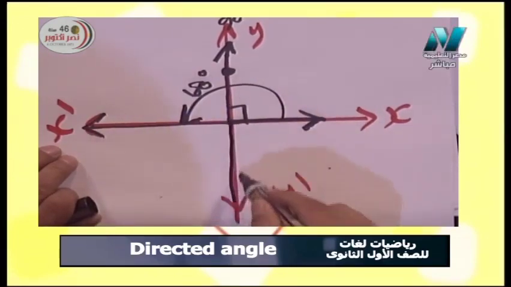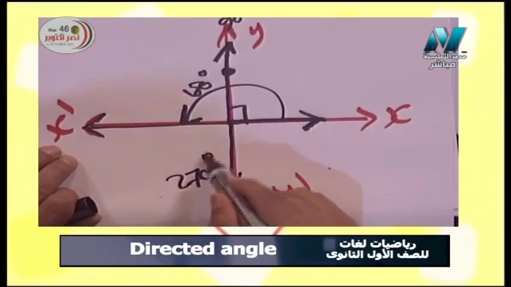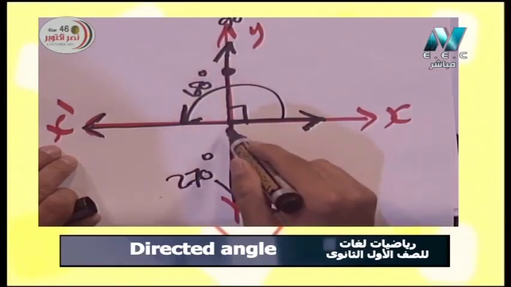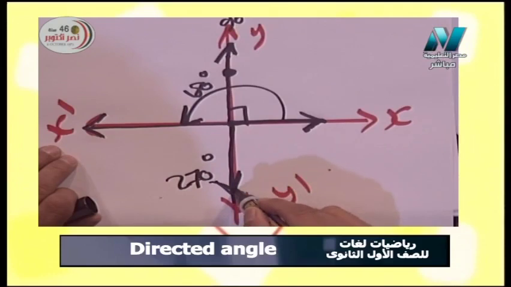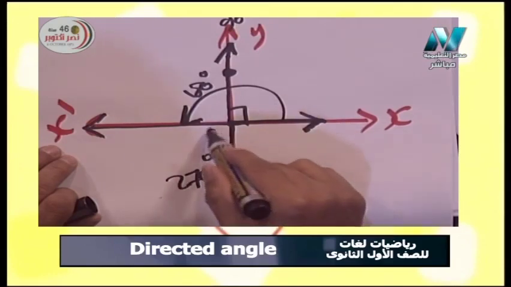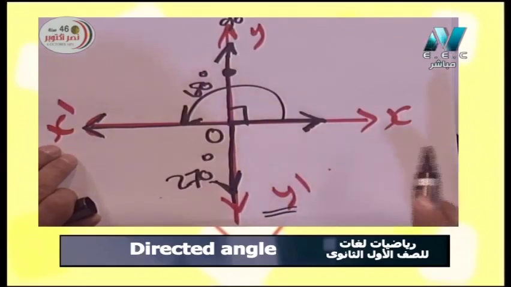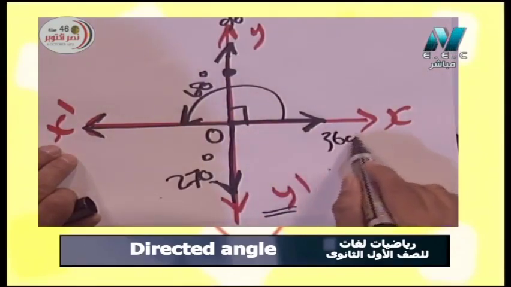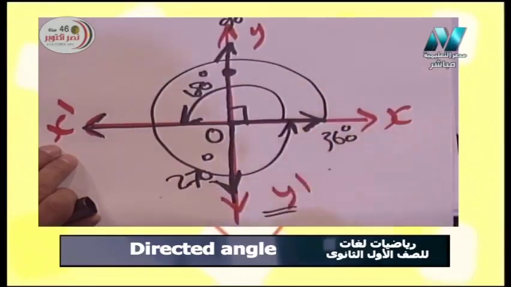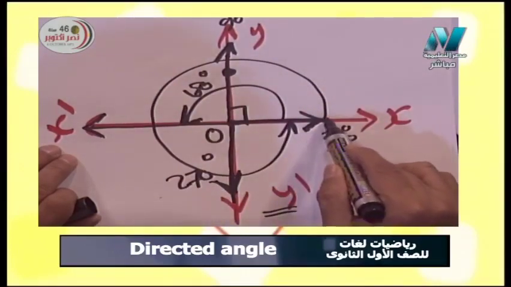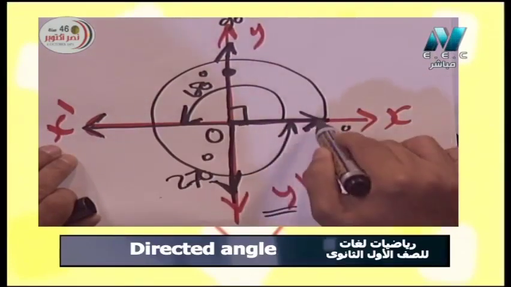We have here also the 270 degrees angle. Its terminal side lies on the y-axis, OY dash, exactly. And if we have 360 degrees, which is a complete round anticlockwise, this angle also is a quadrantal angle because its terminal side lies on the x-axis.